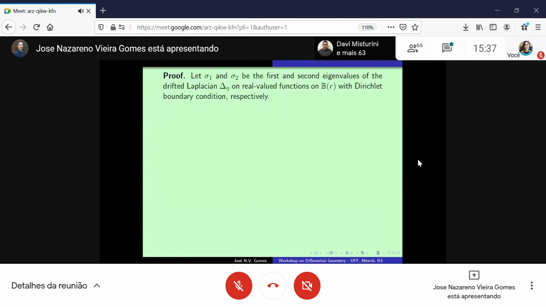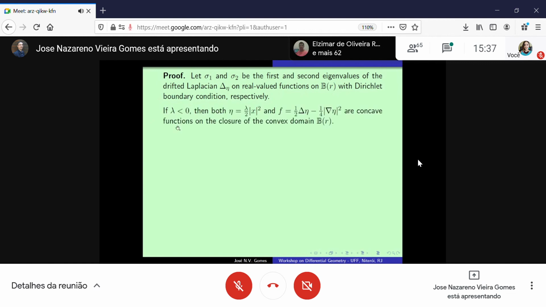The proof is very simple. Let sigma 1 and sigma 2 be the first and second eigenvalues of the drifted Laplacian on real valued functions on B_R with the Dirichlet boundary condition. If lambda is negative, then both eta and f are concave functions on the closure of the convex bounded domain.